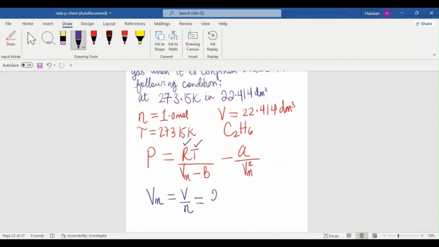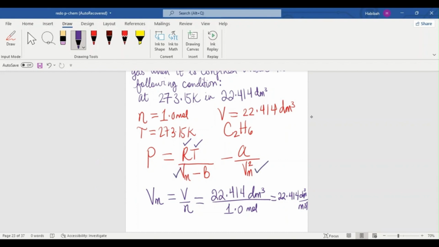We're given the volume to be 22.414 dm cubed divided by the number of moles, which is simply 1.0 mole. So what you end up with is just 22.414 dm cubed per mole. So now we have the value for Vm, and of course Vm squared.